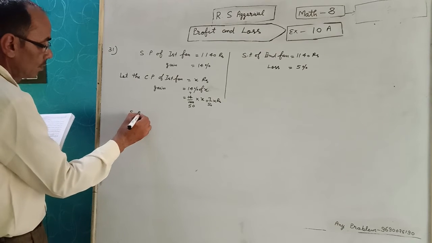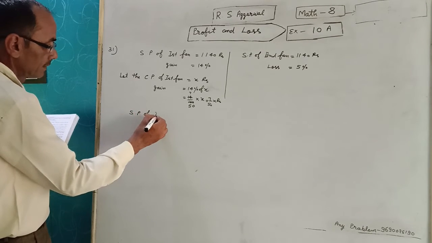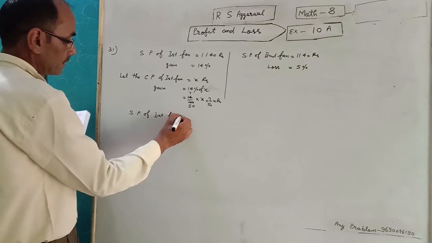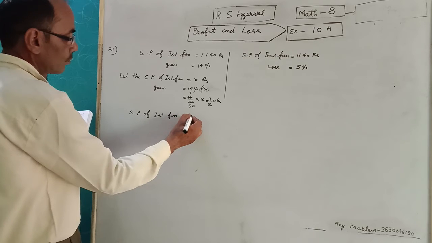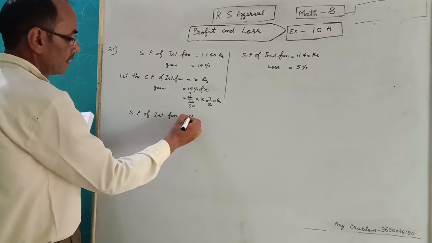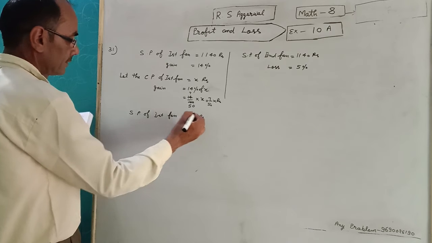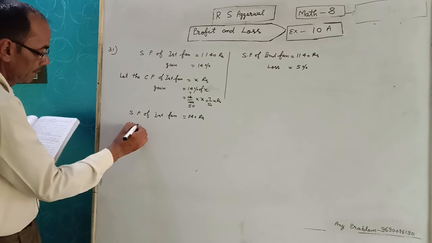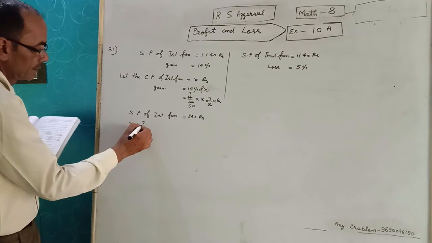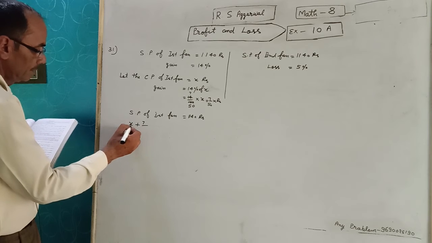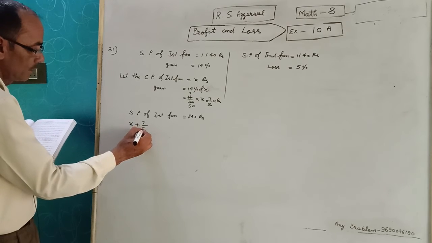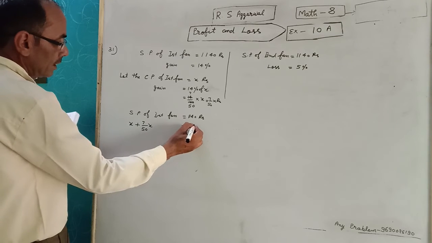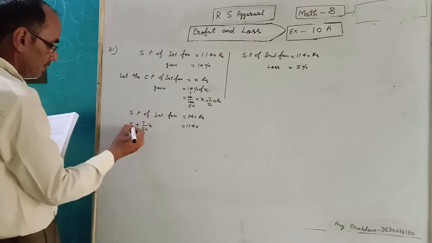SP of first fan is equal to 1140 rupees, given. SP for gain is CP plus gain. CP is X, gain is 7 upon 50x, is equal to 1140 rupees.